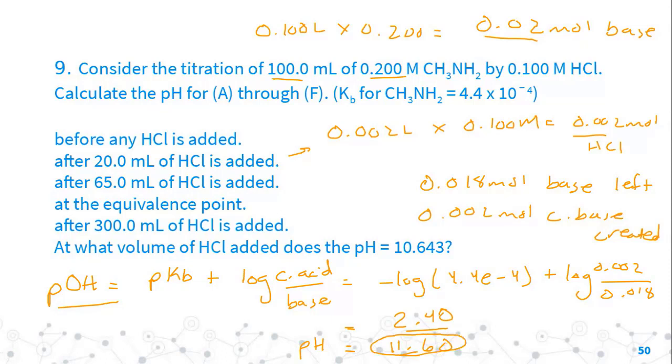All right, that one was kind of long. But I would say the main takeaway is understanding you're in the buffer region of Henderson-Hasselbalch. You have your weak base and you have your conjugate. Sorry, I wrote conjugate base. I meant to write conjugate acid.